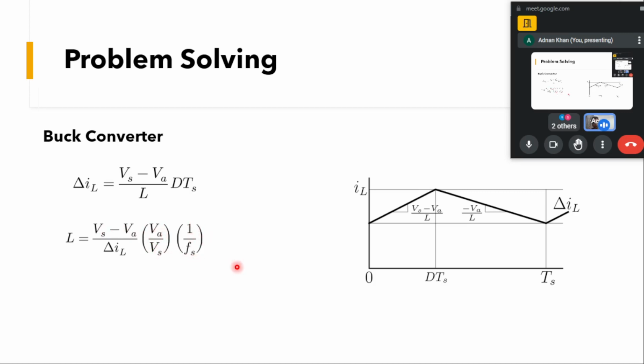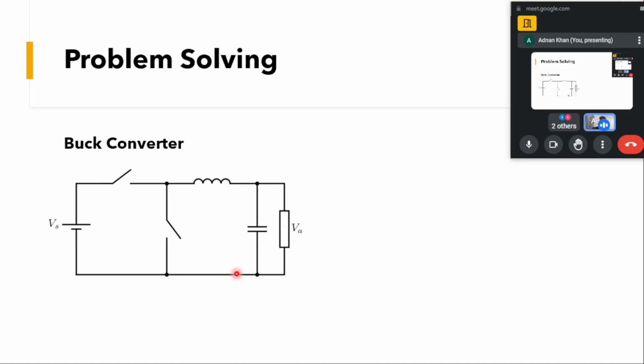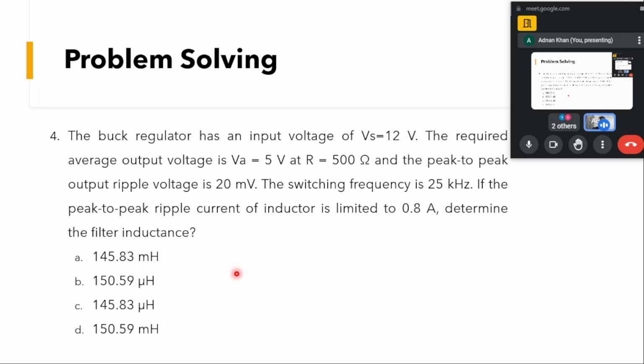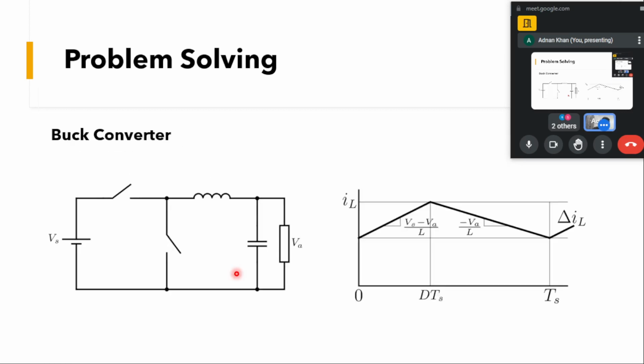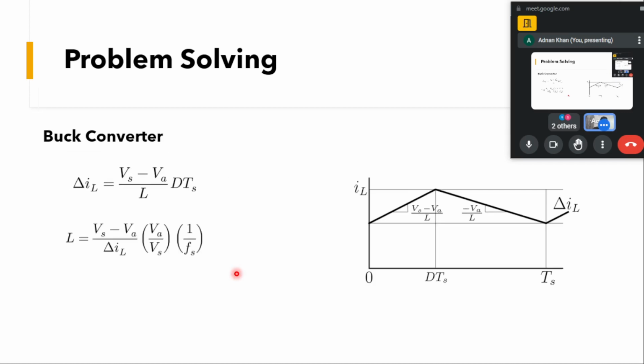Now you need to put in the values, and can you solve this and tell me what the answer to this question is?